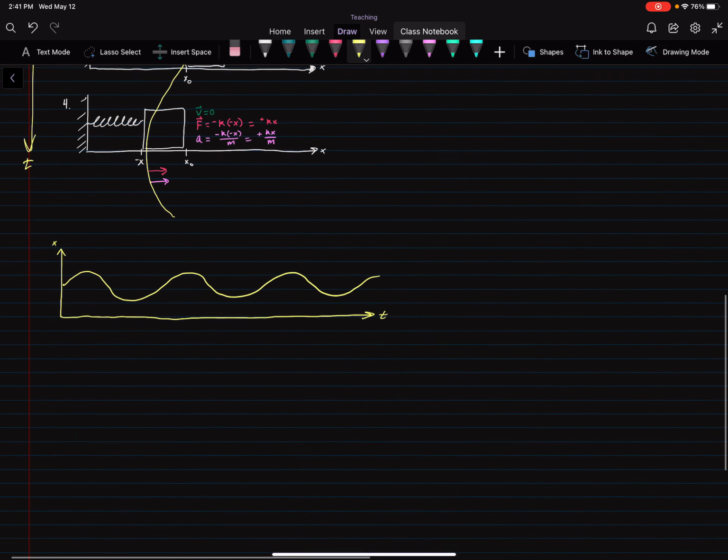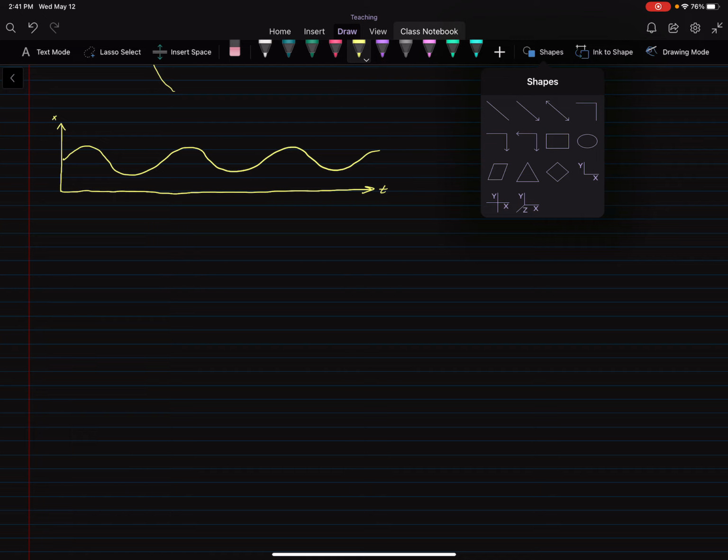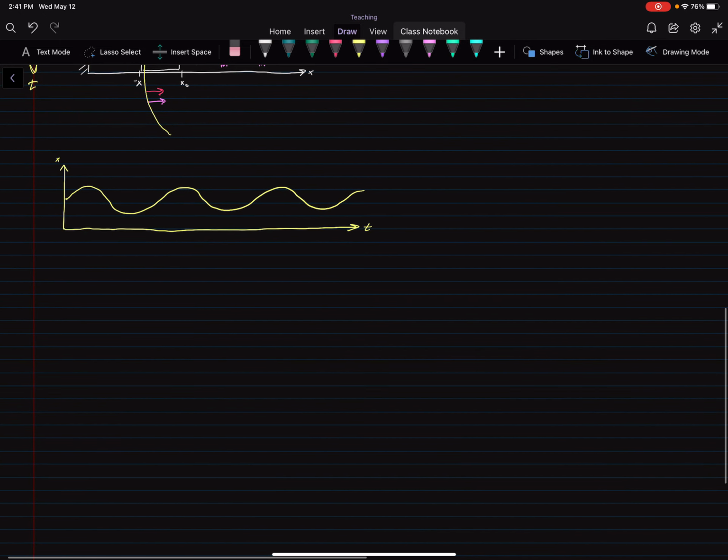So consider an object moving around the unit circle. So let me get a unit circle here. Nice and big. Boom, unit circle.